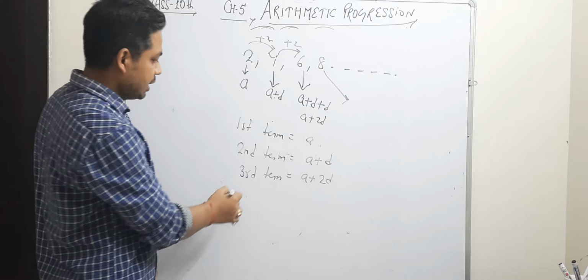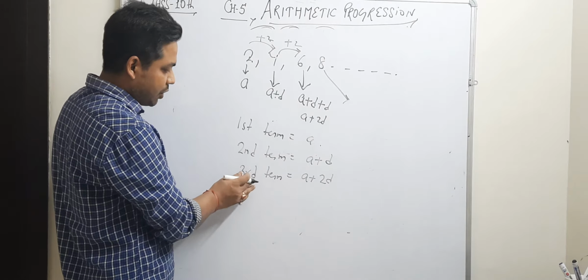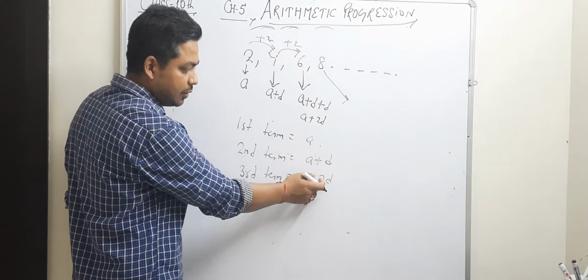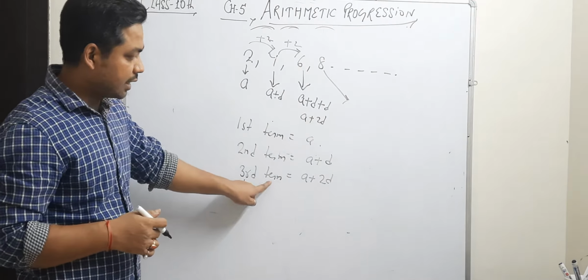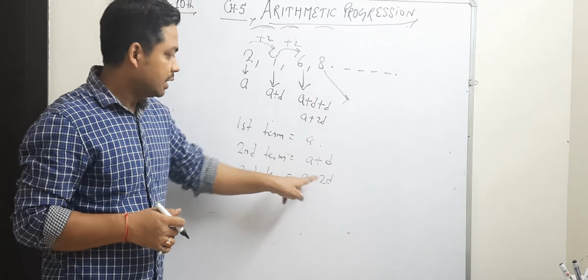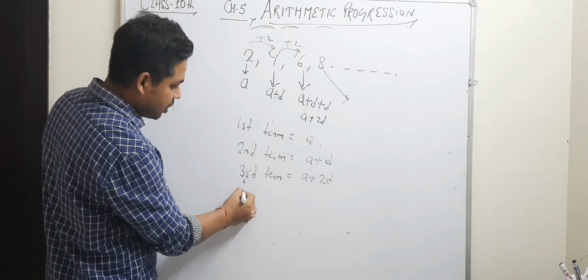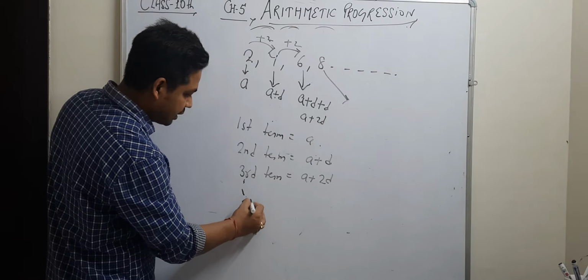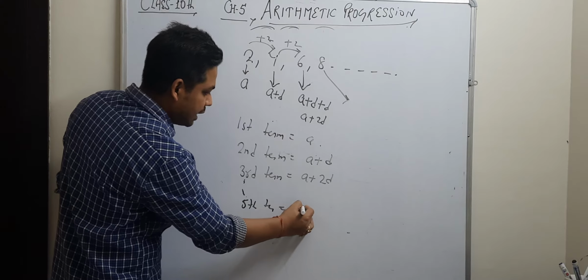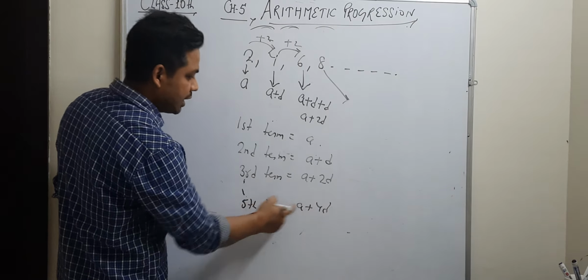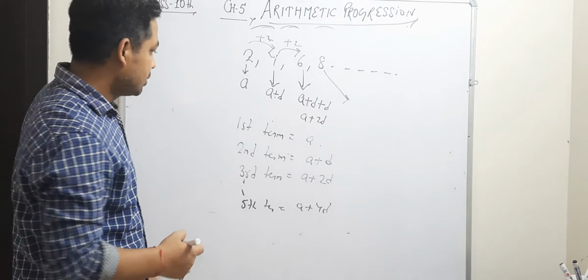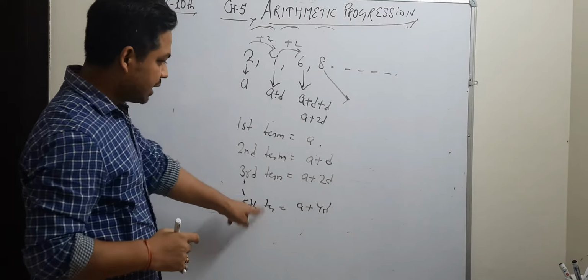So in this way we can write that for any term the D will be 1 less. See, there is the third term, so it will be 2D. Second term A plus 1D. So if I talk about the fifth term, it will be A plus 4D, 1 less than this term. Okay, so in this way you can calculate.